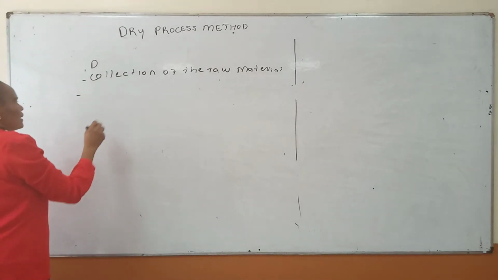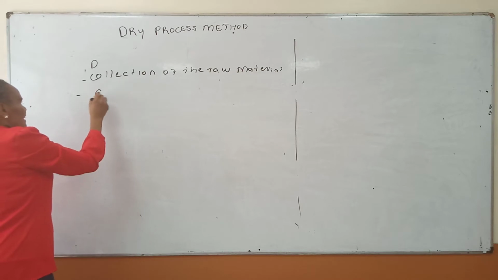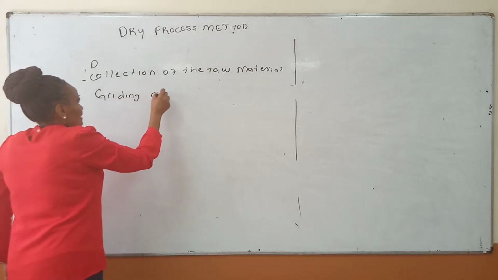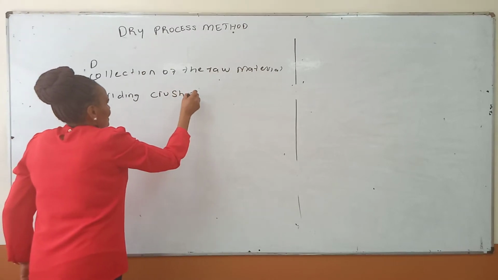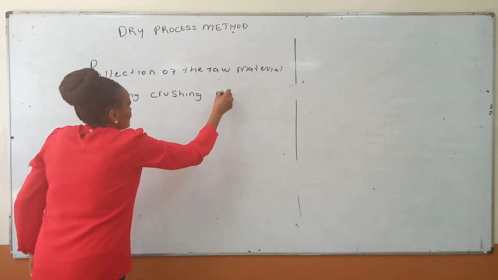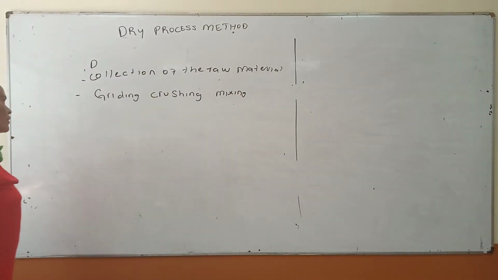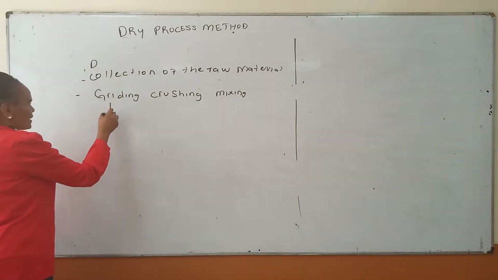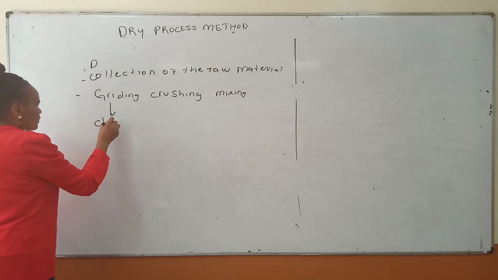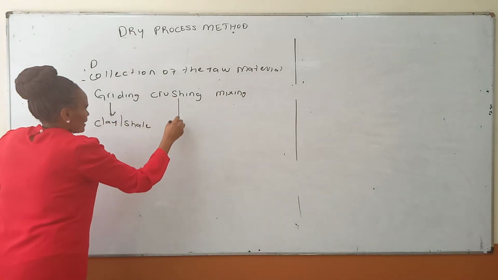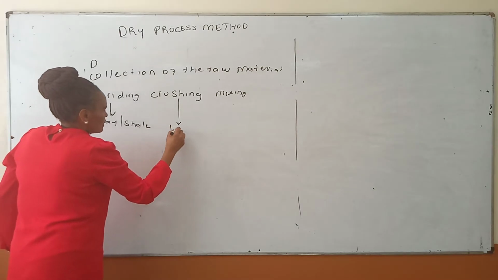After the collection of the raw materials, you go to the second step, that is grinding and crushing, and then mixing. As with the wet process, you grind the clay or the shell, and you crush the limestone.